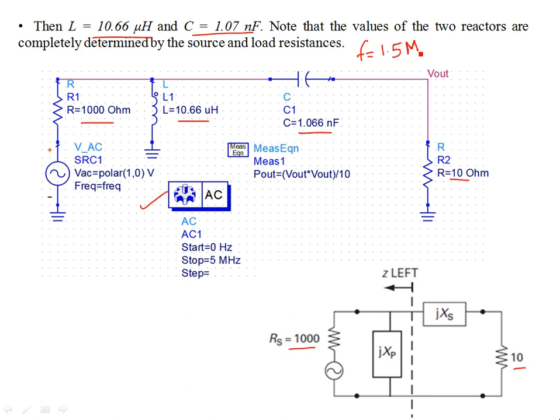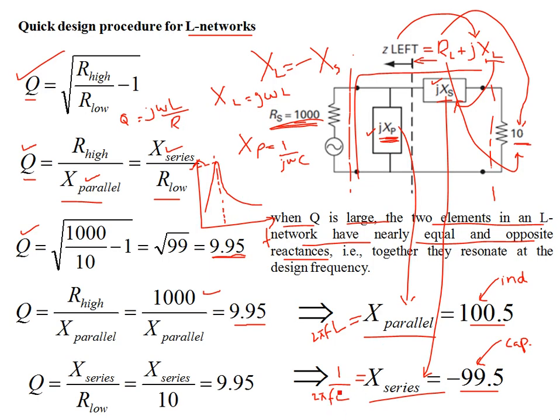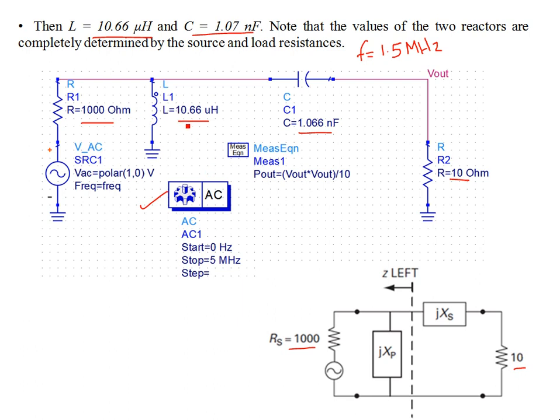It is said to be in the range of AM broadcast, near the top end of the AM broadcast range. So for a 1.5 megahertz design frequency, you find these values, set this to 1.5 and find C and L, and you get this 10.66 micro and 1.066 nano, and then you run the AC simulation.